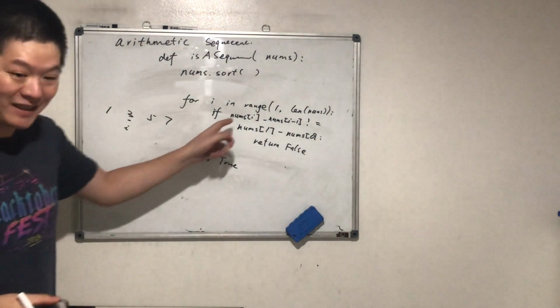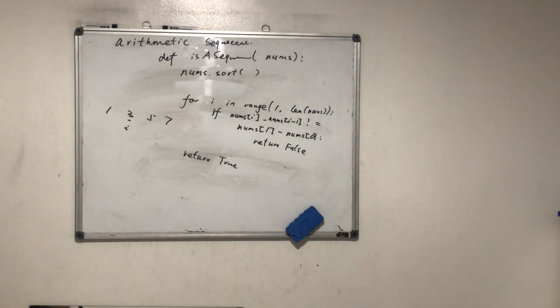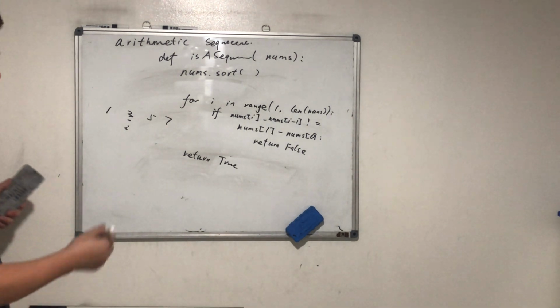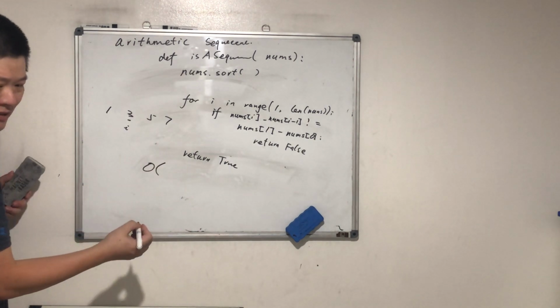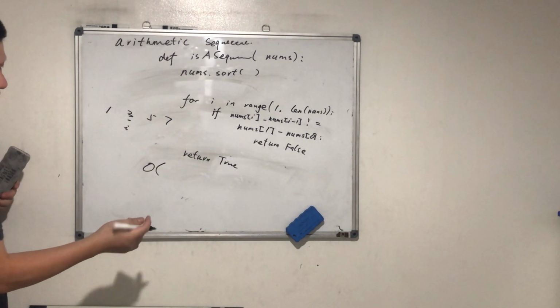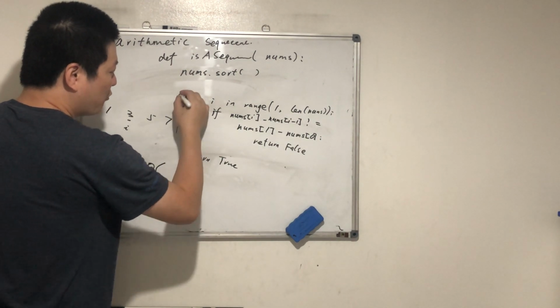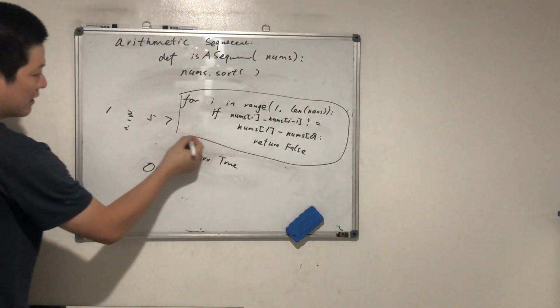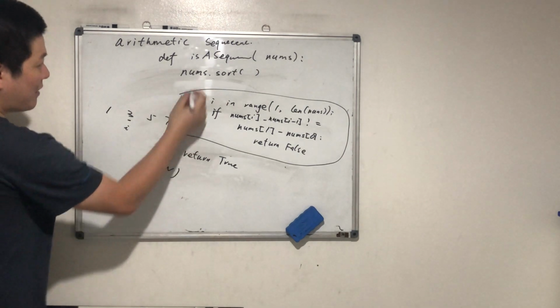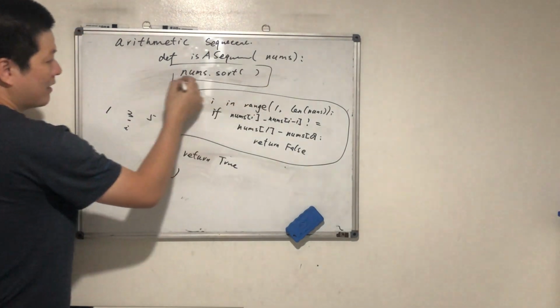Does it make sense? Got it? What's the time complexity of this bit? N. And what's the time complexity of this bit?